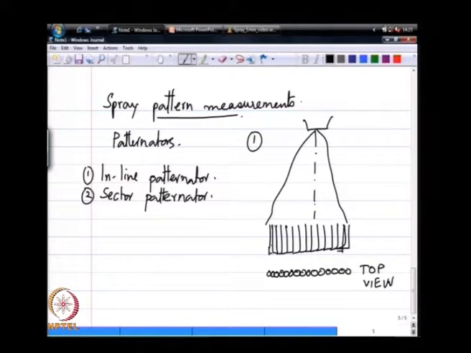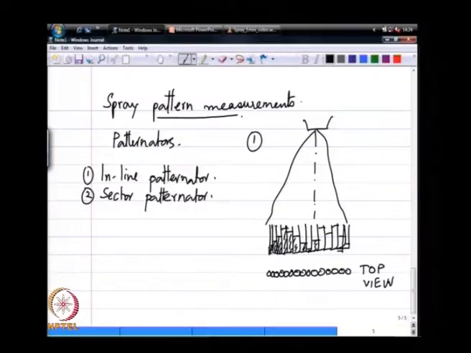I end up collecting some volume, something like that, let us say, and these heights are an indication of the spray pattern.